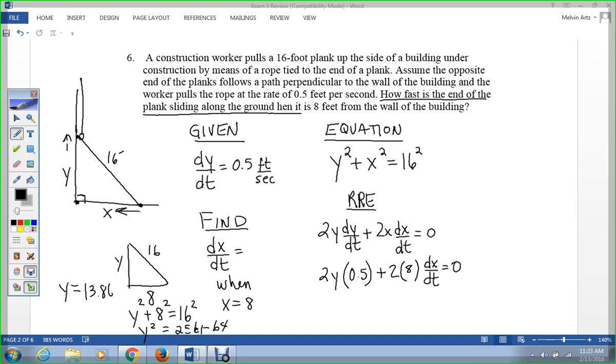And again, I'm rounding to the hundredths. So now we have our value for y, 13.86. Now, in this calculation, you could leave this value in exact form, and that's the best thing to do. We could leave that as the square root of 256 minus 64, so then we wouldn't get any rounding errors.